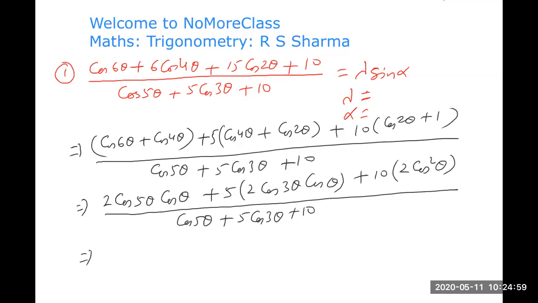So next step, you can take 2 cos theta outside from the numerator. What is left if 2 cos theta is gone?